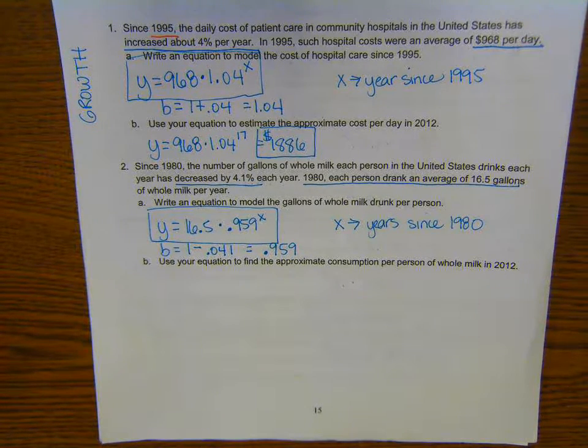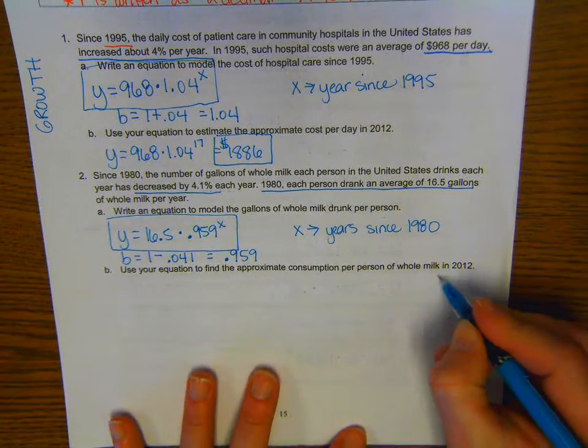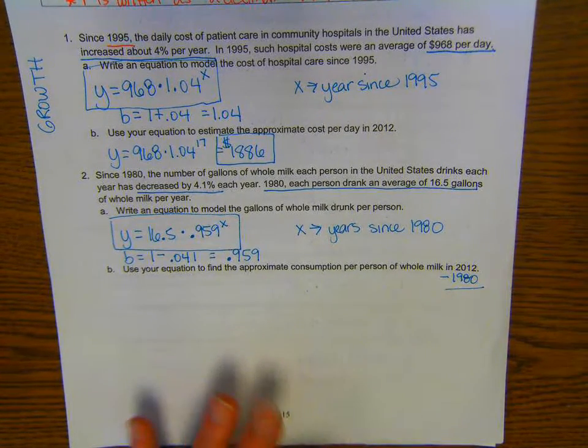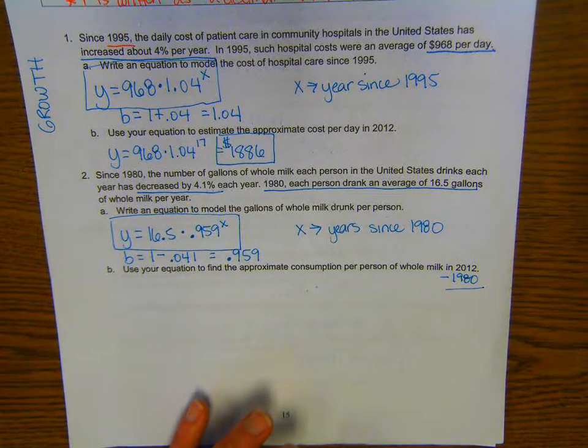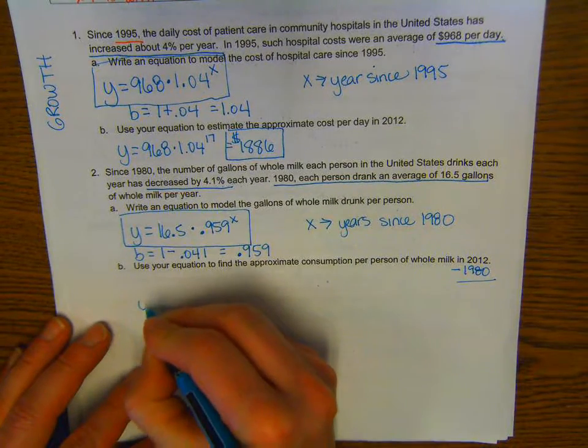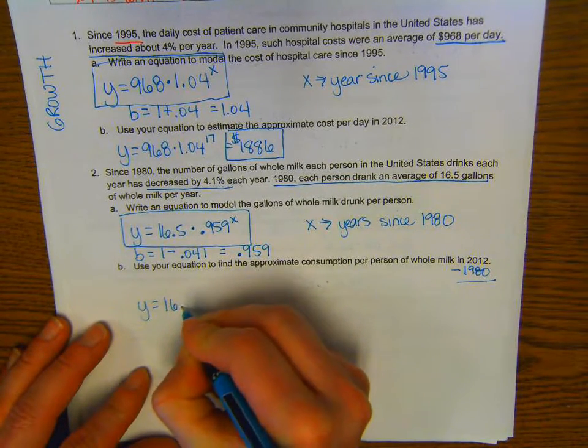What would I do to answer this question? 2012 minus 1980 is 32. Yeah. Good.